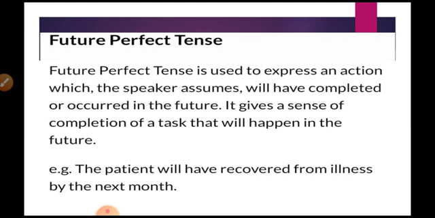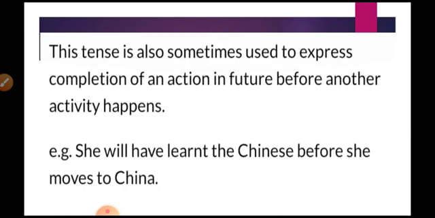For example, the patient will have recovered from illness by the next month. This tense is also sometimes used to express completion of an action in future before another activity happens. For example, she will have learned the Chinese before she moves to China.